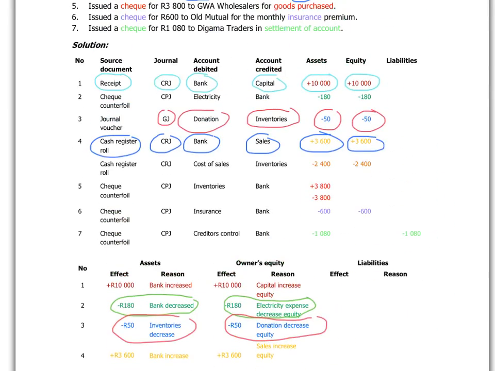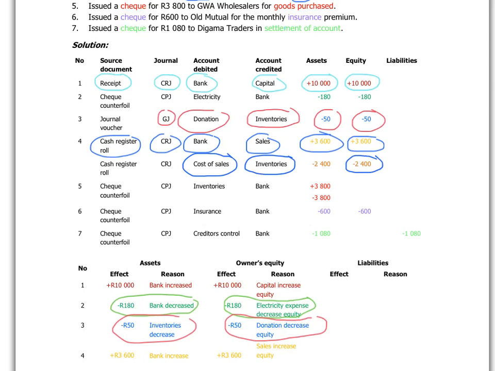So if I record this entry, I will show that cost of sales is debited with the cost price because it's an expense. Inventory is credited because we reduce the inventory. So cost of sales is an expense that will reduce the profits, so the equity will decrease with 2,400.